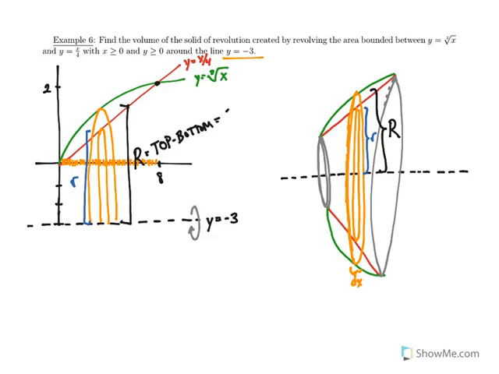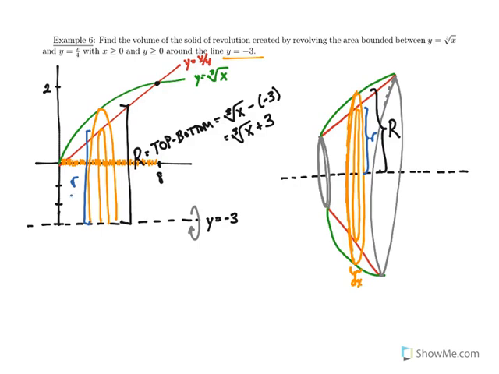That's going to be cubed root of x minus -3. That's our function y equals -3 at the bottom, which will give us cubed root of x plus 3. You can think about it as just like our first problem where the distance is cubed root of x, except we have to add 3 going from the x-axis to the line y equals -3.